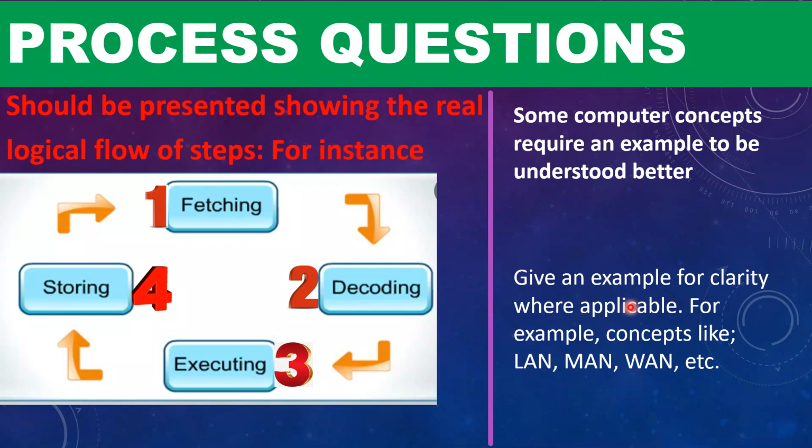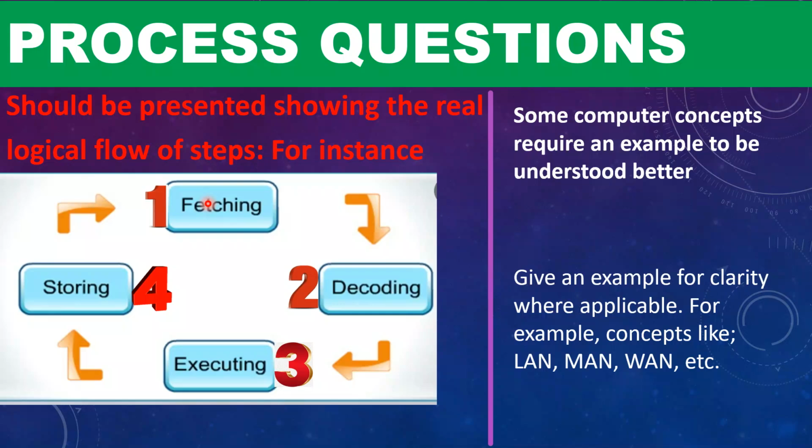Information processing cycle, please bring those steps in their logical flow. Because if you bring a step, for example, you bring decoding under executing, we shall cross that one. We can only mark number 1, which is in its position, and maybe number 4, which is in its position.